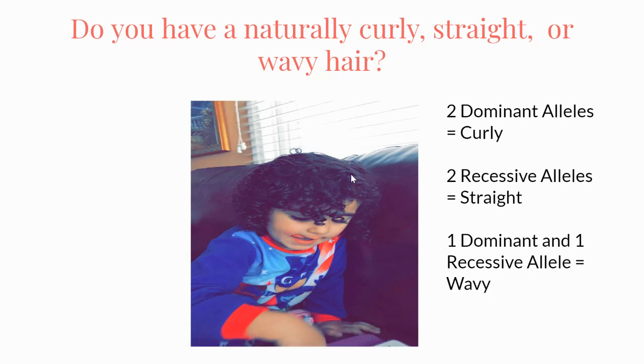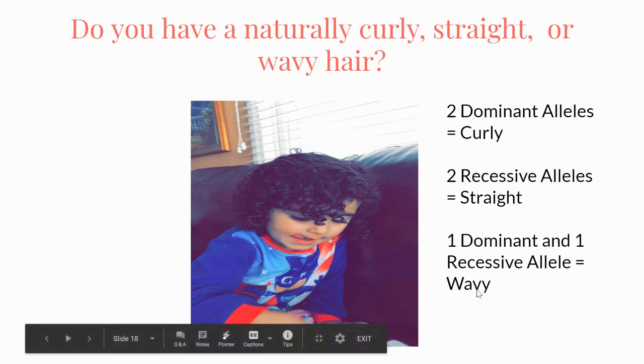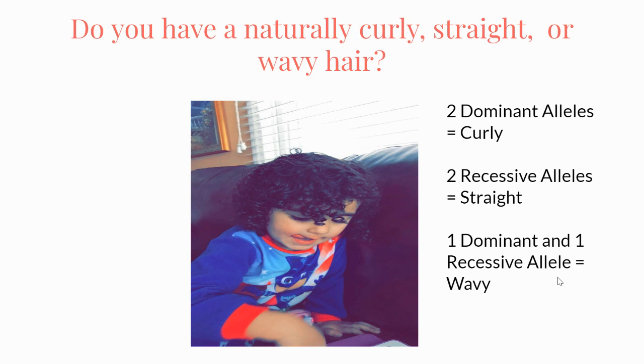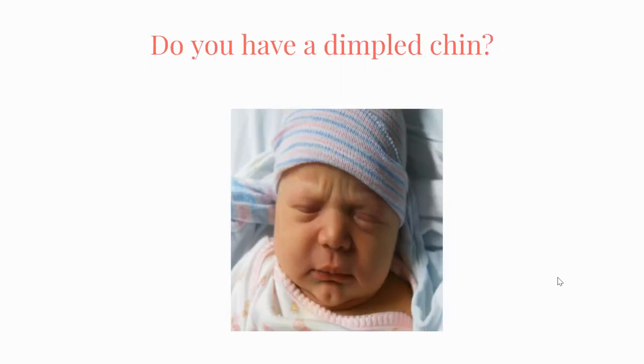Having a certain type of hair is a little bit more complex than just dominant recessive. There are obviously two alleles, one that's dominant and one that's recessive. However, if you have both dominants, you definitely have the curly hair. If you have both recessives, you have the straight hair. And if you have wavy, then you have one dominant and one recessive. So it kind of merges, it kind of does something in between.